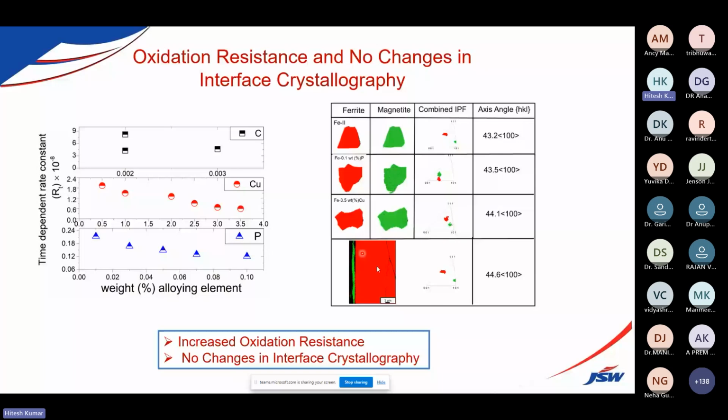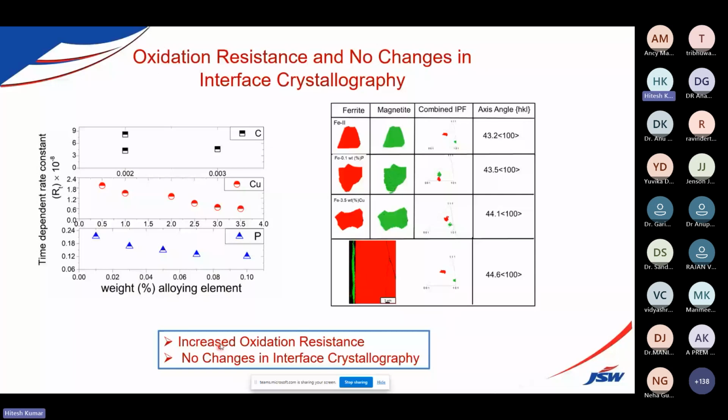There is again an orientation relationship between the ferrite and the magnetite grain, which is 45 degrees about 100. By increasing the copper or phosphorus content, we get a material that is more oxidation resistant, so the overall oxidation property of our material improved.